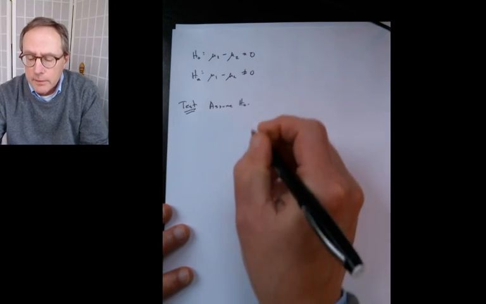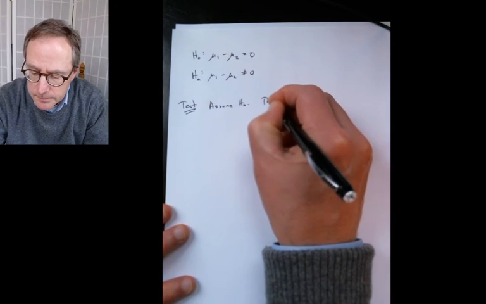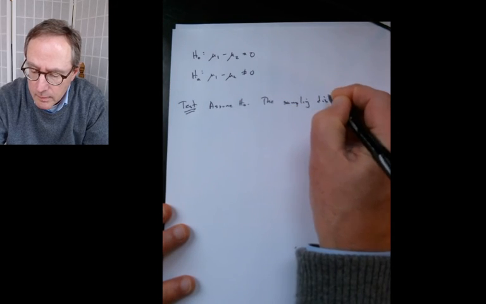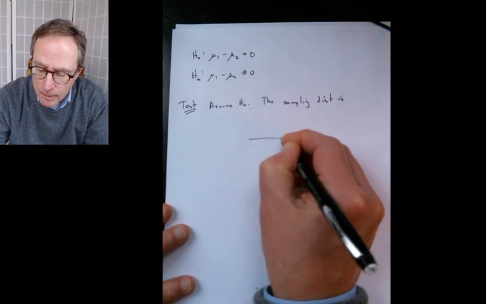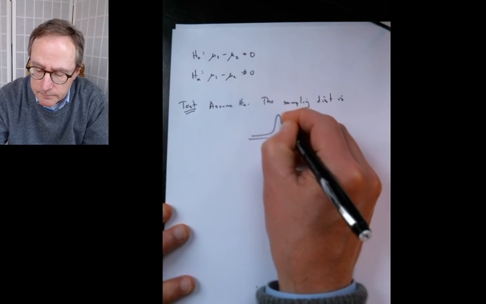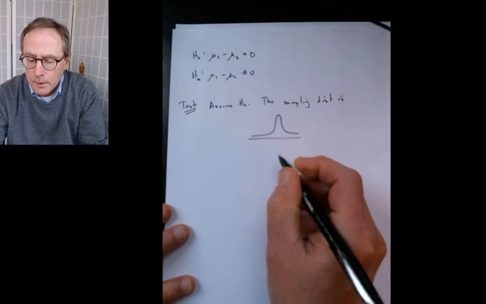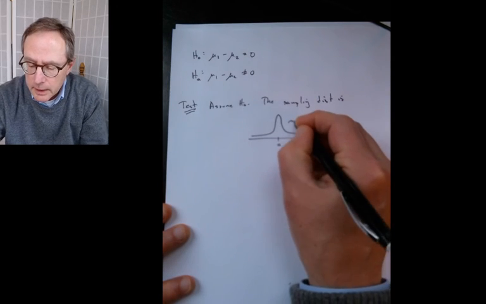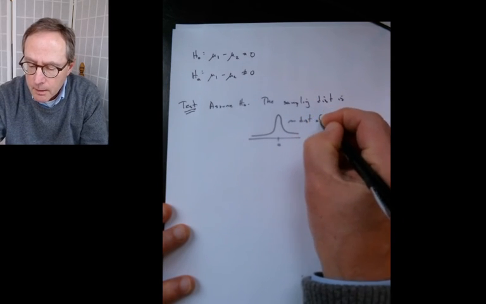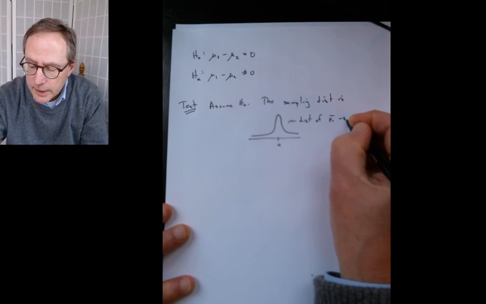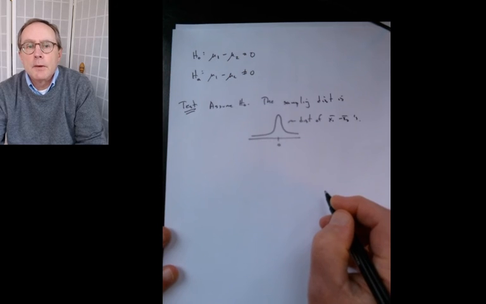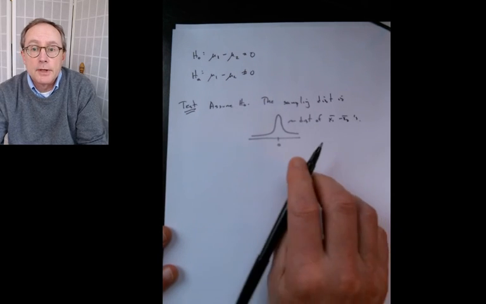Then I get a distribution of samples, and they always look the same. It's centered around 0, and it is the distribution of x1 bar minus x2 bar. And I want to know how far off is my particular answer.